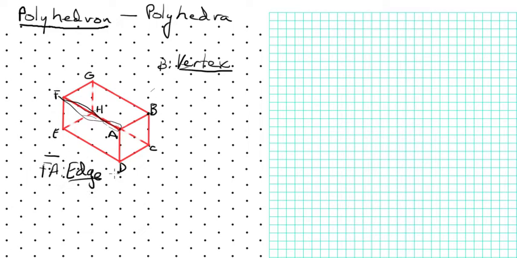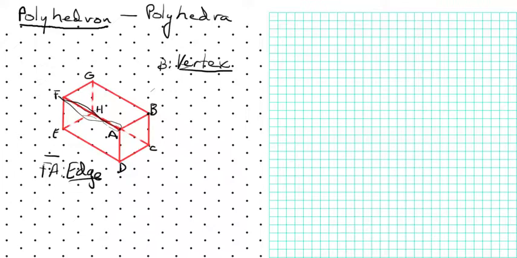So we have a vertex, we have an edge, and then we have a face. Now, this is not the kind of face that I'm talking about. Neither is this. The face that I'm talking about is, for example right here, a face bounded by F, A, D, and E. Fade, that's a good one.